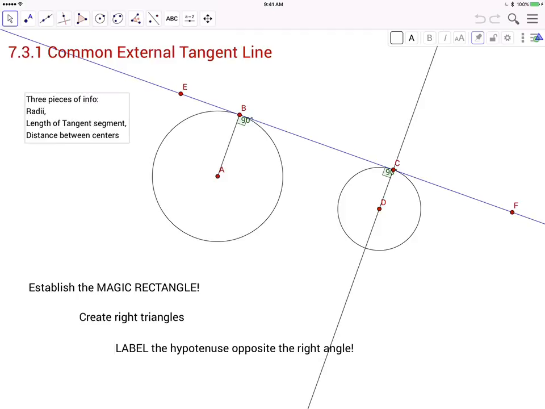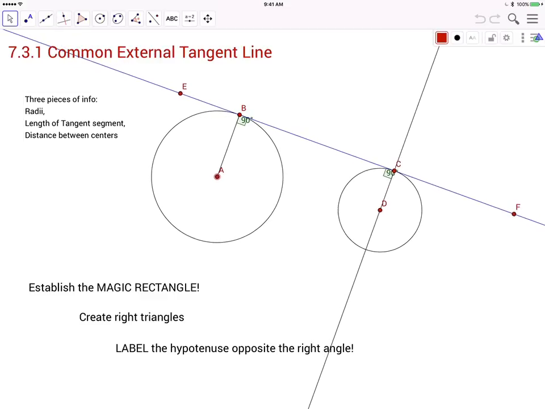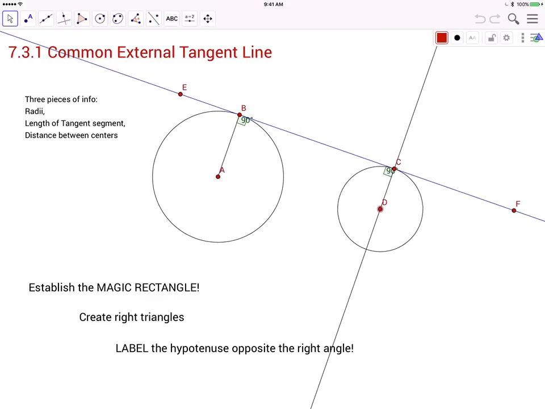And you see up here the problems that we often come across in this section are you're given two pieces of information and you need to find the third. The three pieces of information are often given to you. So you might be given the radii of this circle, right? So circle A may have a radius, with circle D, right, which has a different radius.